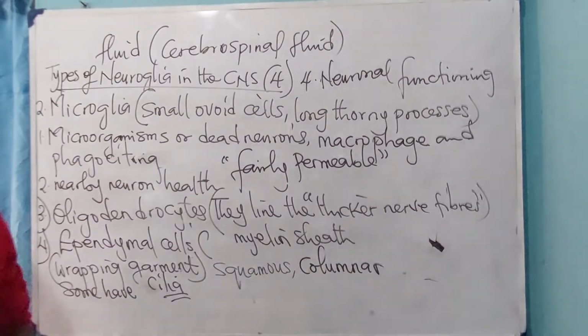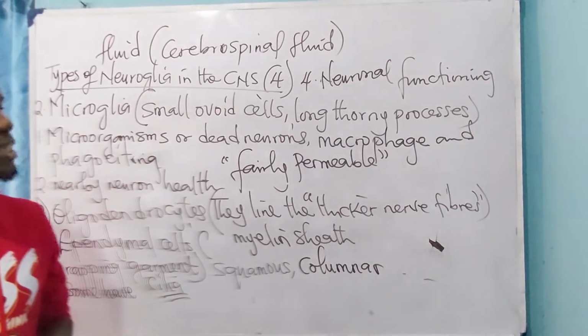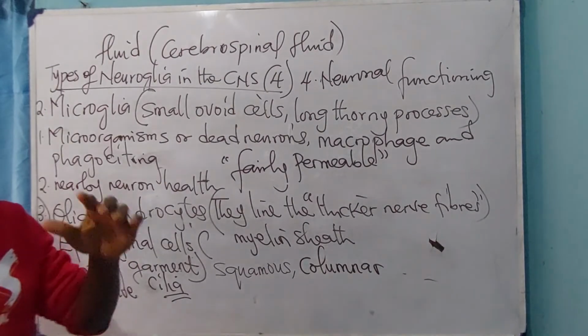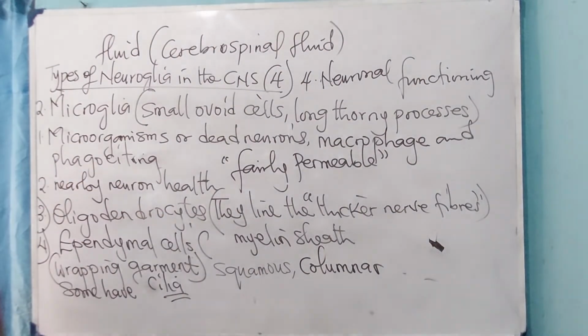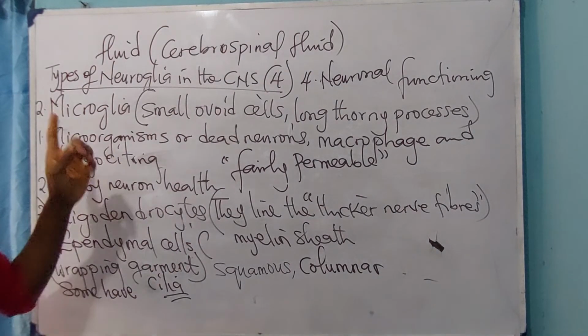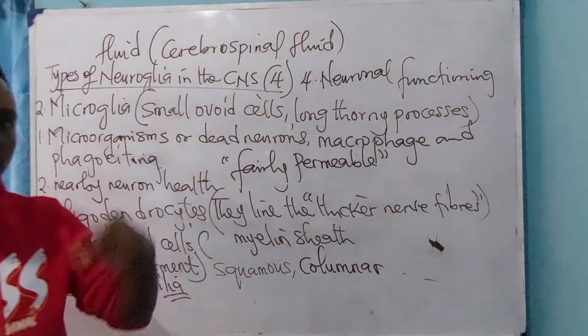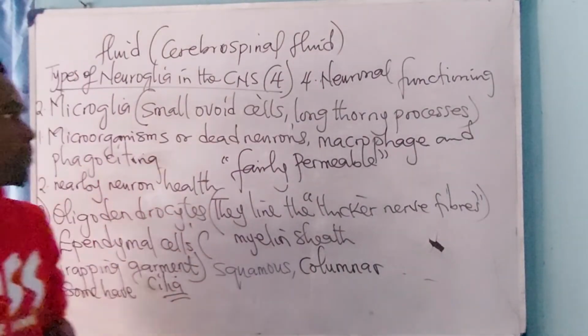I told you that the satellite cells protect the cell bodies of the peripheral nervous system. The function the astrocyte executes is the same as the one the satellite cells carry out in the human body.